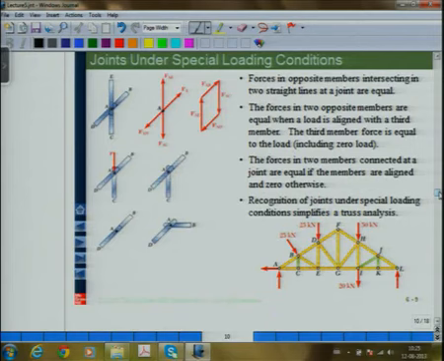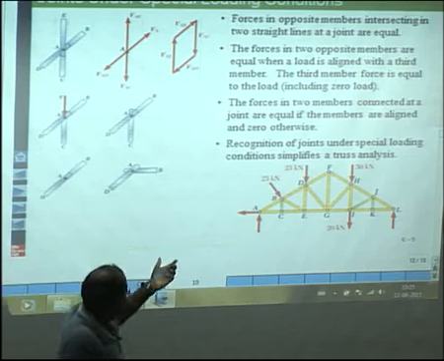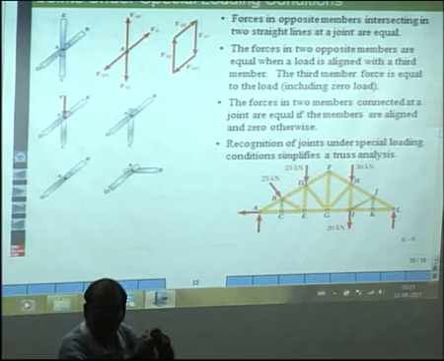But let's look at a case like this. Let's look at the bottom right hand part. We have shown a truss. I think I had shown this in the last class also. Now given a loading like this, can we, by inspection, tell which of these members are zero force members? So let's start from this end. A is not a zero force member. We come to pin C. CA and CE are collinear.